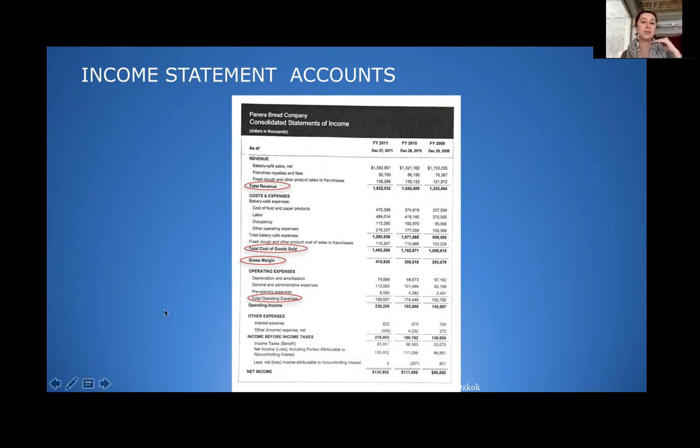After gross margin, we have total operating expense and operating income, then other expenses, and finally net income: all total revenues minus all expenses.